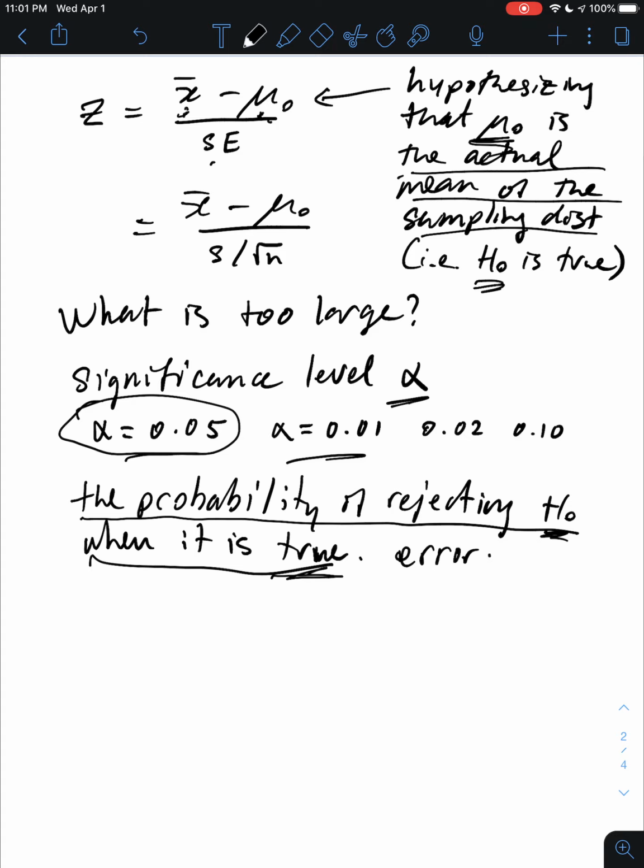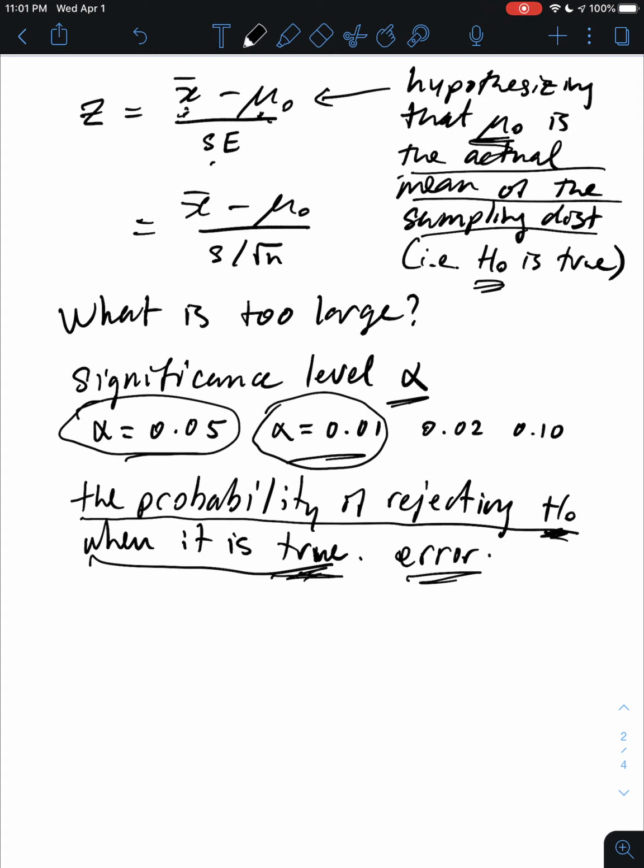And if I found it acceptable to reject the null hypothesis when it is true only 1% of the time, that's what I would use for alpha. And so I make that decision. I decide what is the acceptable error rate, or the acceptable probability of making an error of this kind.